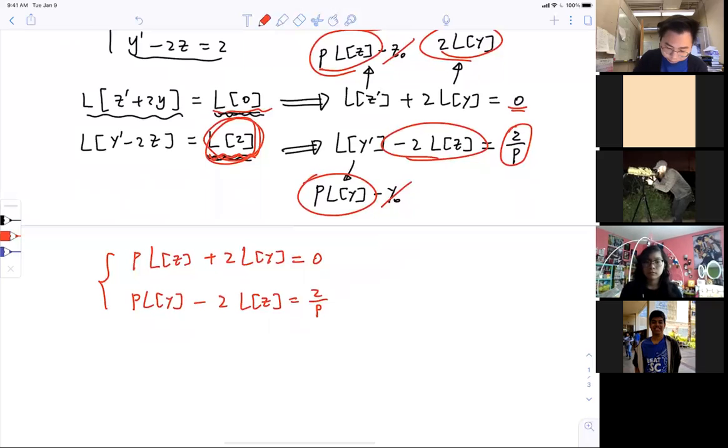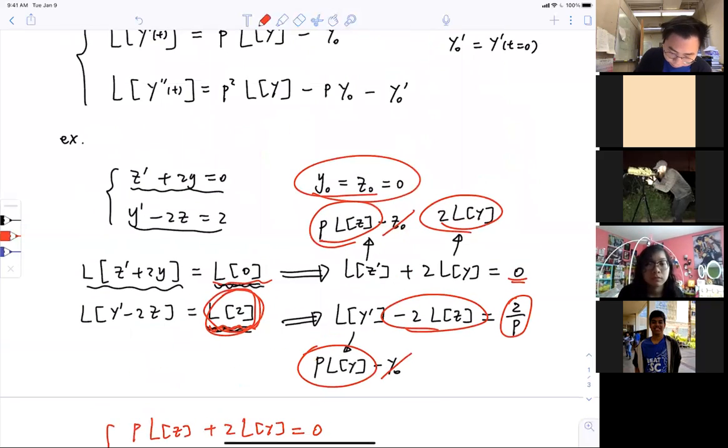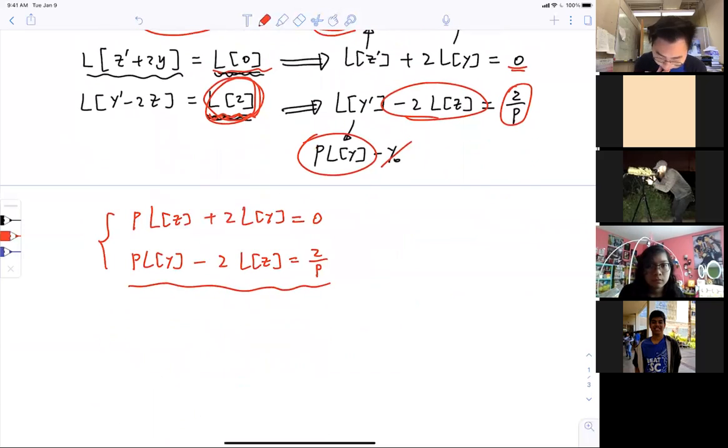So you can say we translate this differential equation into an algebra equation. There's no differential operation in these 2 equations, and we can solve it, right? To solve it, there are many different ways. I guess you have your own familiar way to solve this kind of algebra equations.